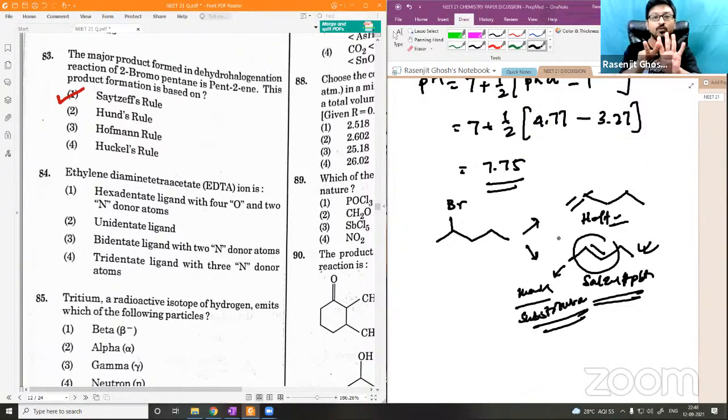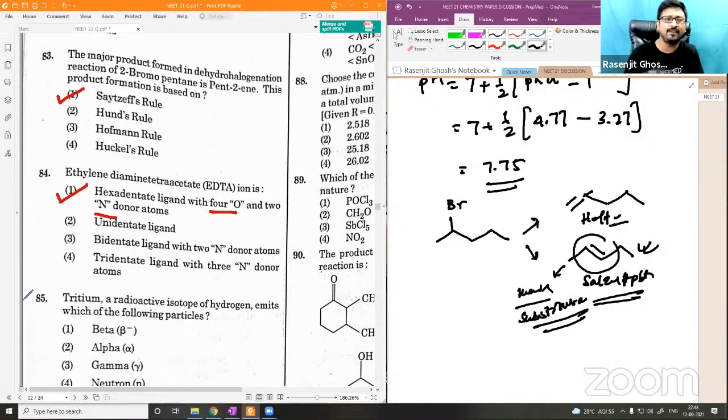So 4 plus 2, 6. So there are 6 donating centers. And that is why EDTA is one of the best hexadentate ligands. The correct answer will be option number A. It is a hexadentate ligand with 4 oxygen and 2 nitrogen donor centers, right?